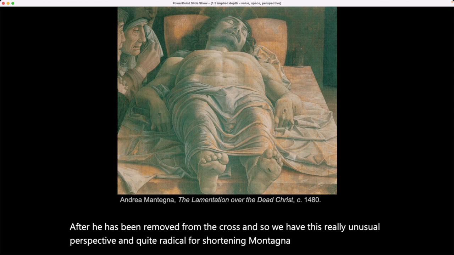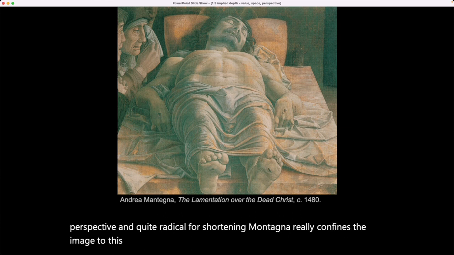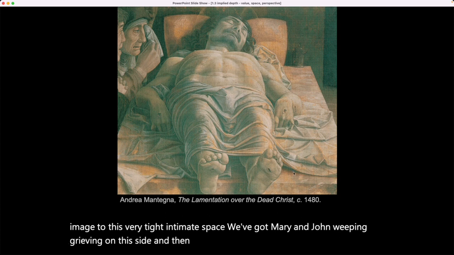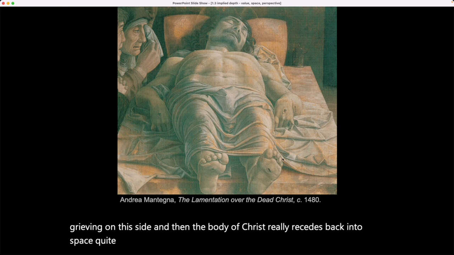Mantegna really confines the image to this very tight, intimate space. We've got Mary and John weeping, grieving on this side. And then the body of Christ really recedes back into space quite dramatically.